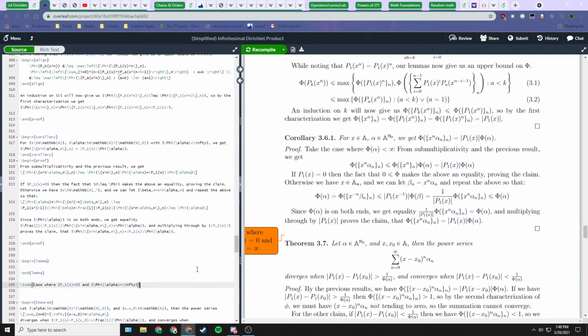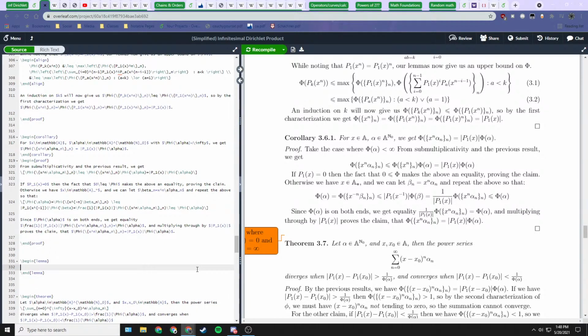And so we'll do another lemma, for x in A and alpha in our sequence space for these coefficients, with phi of alpha equals infinity.